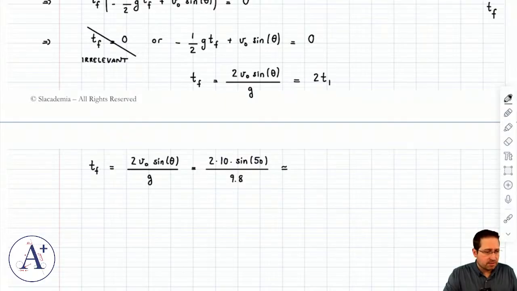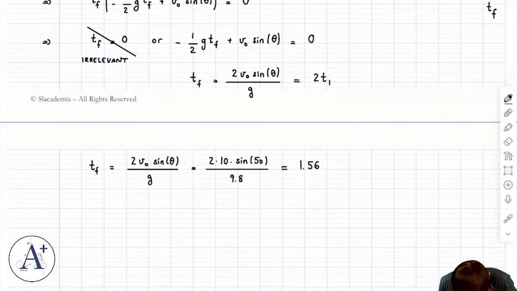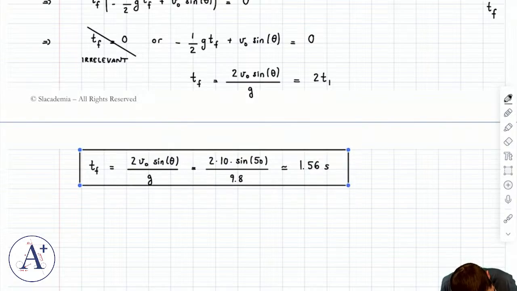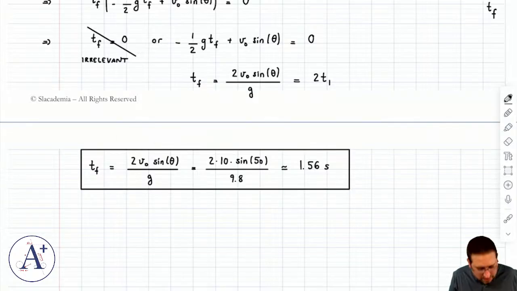And that is approximately equal to, where'd it go? 1.56, there we go. All right, so that's T final, or T flight. It's the same thing. It's the amount of time he spends in the air.